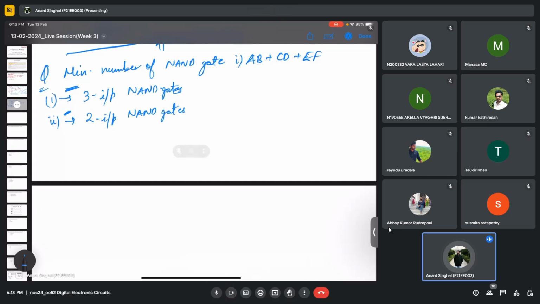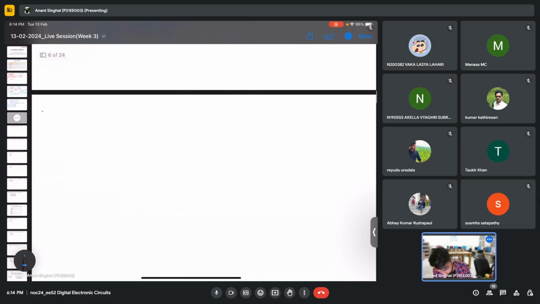So, has anybody done the first part? Anyone? So let me give you an example. For the first part, it was AB plus CD plus EF, and you can even use 3 input AND gates.